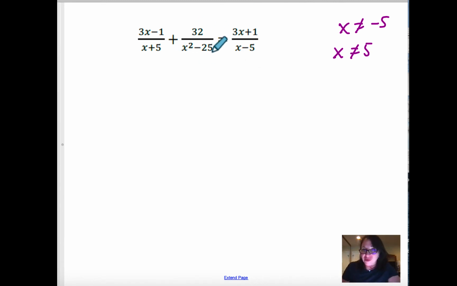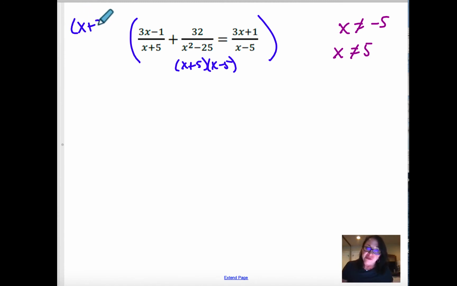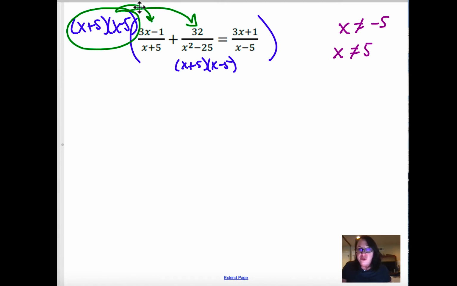Secondly, you have this common denominator here, which is x plus 5 and then x minus 5. There are multiple ways to solve these problems. I am going to choose to solve most of these problems by multiplying by a common denominator, and that's going to be x plus 5 and x minus 5, because when I take this quantity and multiply it by each one of these terms, at least my denominator is going to cancel completely.